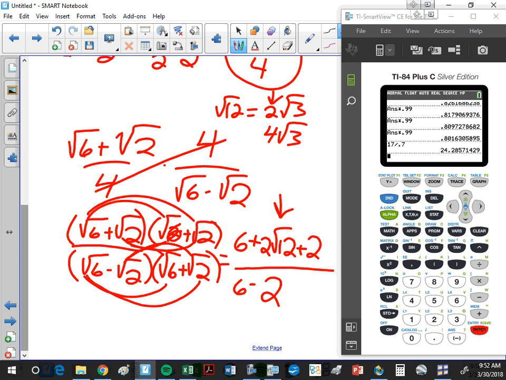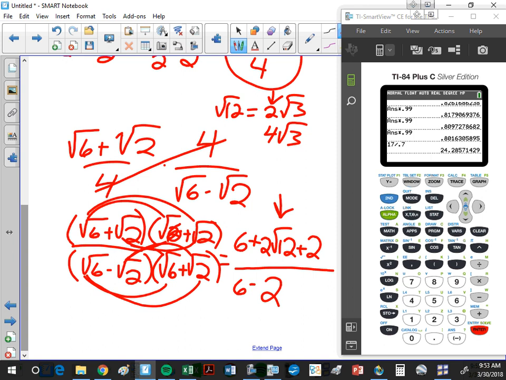So if I had the square root of 75, are there any perfect squares in 75? 25. 25 times what? 3. So the square root of 75 is really 5 root 3. What about 72? Are there any perfect squares in 72? 4 and 9 and 36. So 72 is 36 times 2.